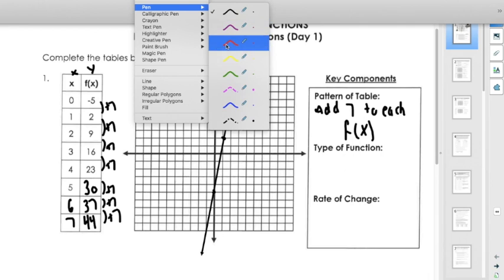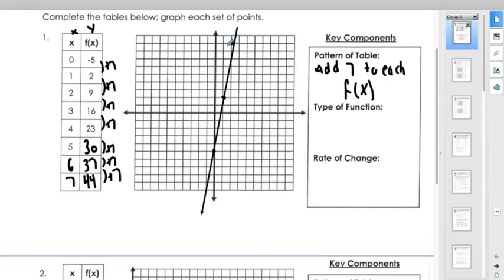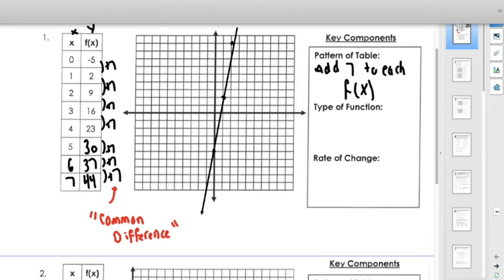Anytime we add or subtract a certain number and it's the same, that is known in algebra as a common difference. This is your common difference when we add or subtract the same number in a table of values, and that number is not going to change. In this case, it's 7, so 7 is my common difference.